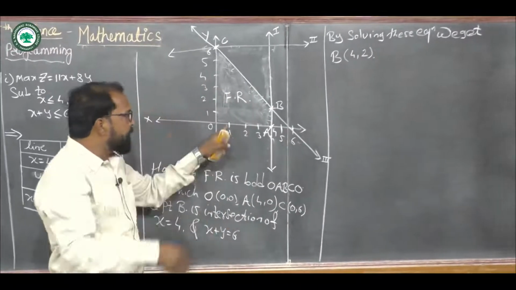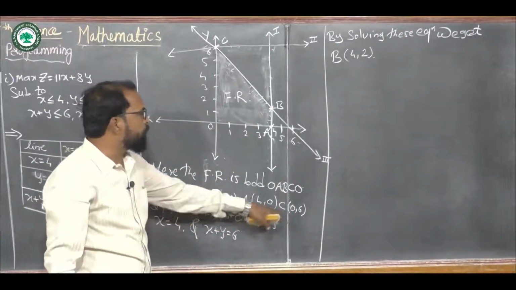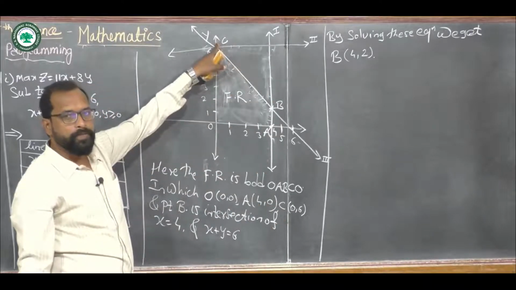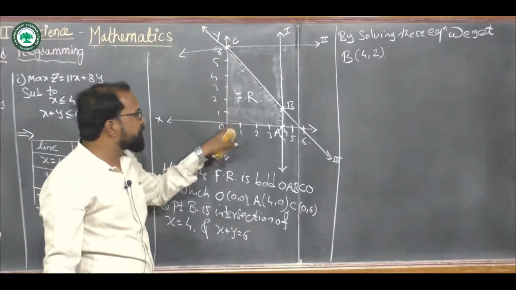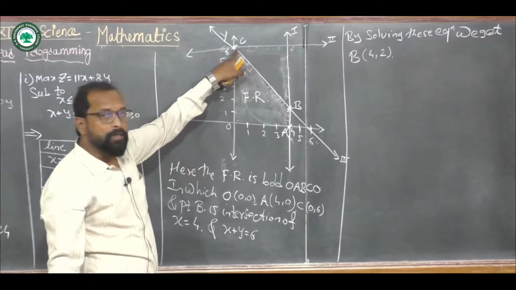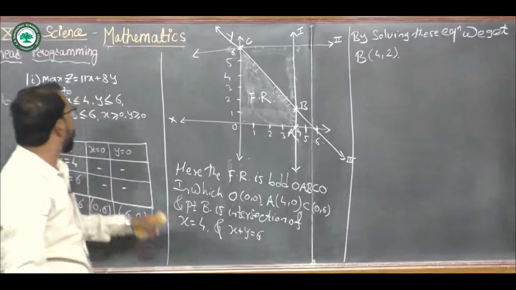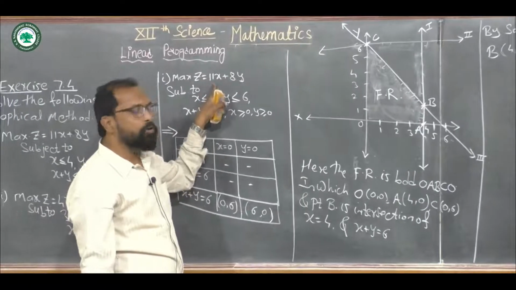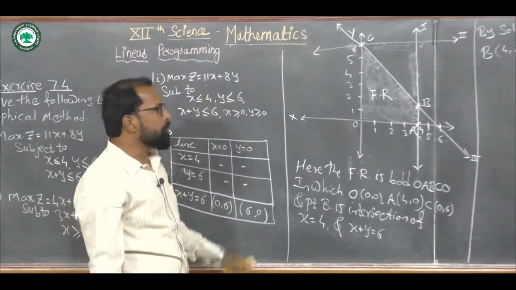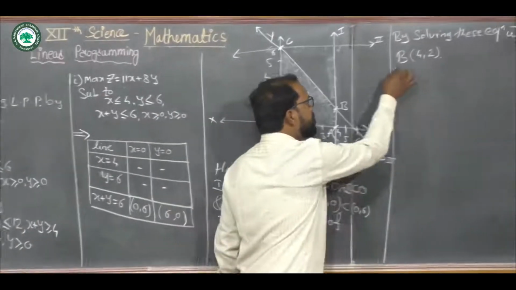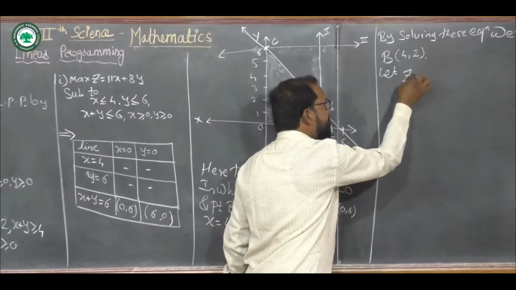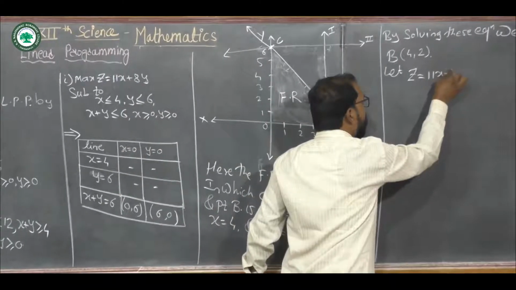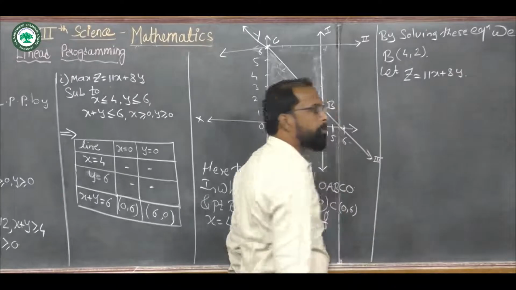Now we have the coordinates of all the corner points of the feasible region. At these corner points, we find the value of the objective function z. Here z equals 11x plus 8y.